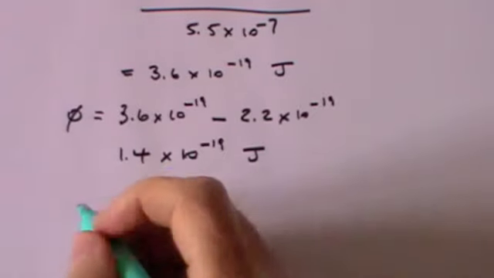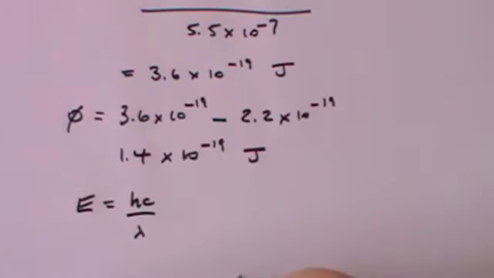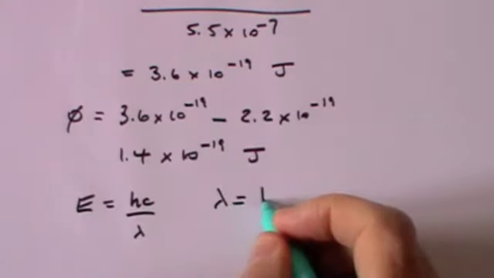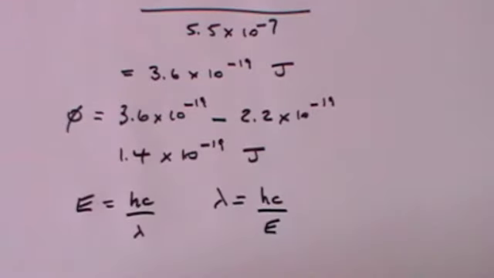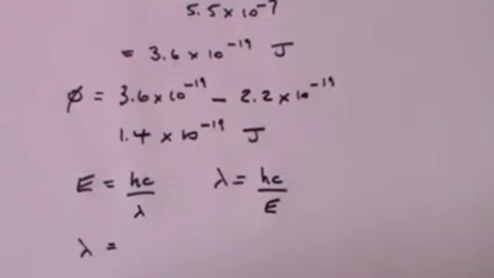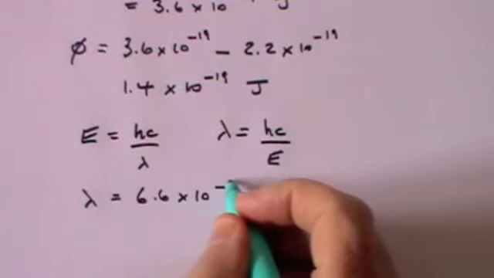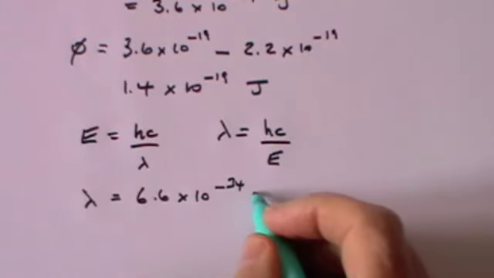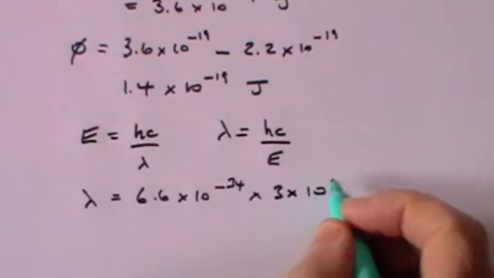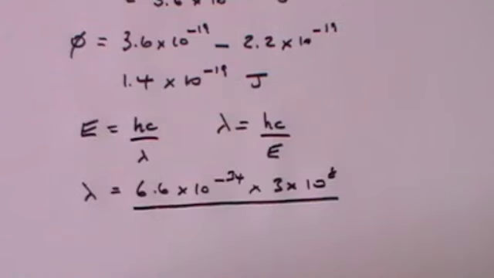Well, again, we're going to use the formula that E equals hc over lambda, and we can rewrite that as lambda equals hc over E. Lambda, of course, is what we want, and that's going to be h, which is 6.6 times 10 to the minus 34, times c, which is 3 times 10 to the 8th, divided by the energy to get the electron out of the atom, and we just calculated that.